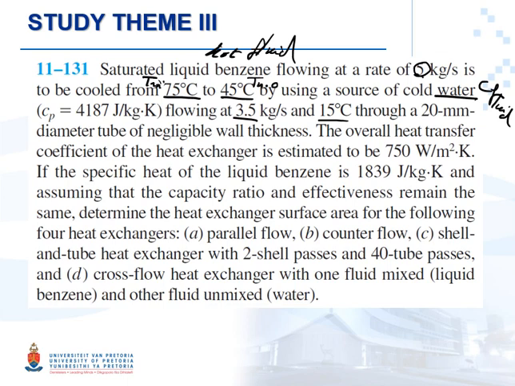The only thing that we need to do is to find out the surface area of the heat exchanger for 4 different configurations, because we want to see which of those 4 configurations is the most efficient one, most efficient in terms of giving us the same temperatures but with less surface area.